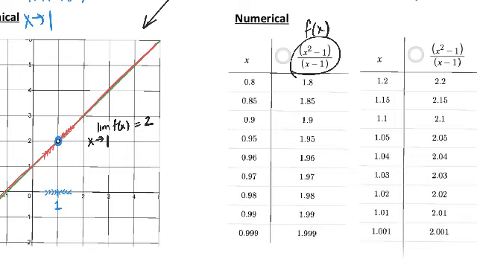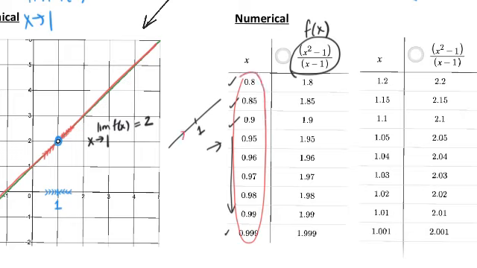So here I have 0.8, 0.85, 0.9, and so on, all the way to 0.99, right? So that means on the left side in this column here, here's 1, right? And I'm approaching 1 in these numbers from the left of 1. So really, we could even say this is approaching from the left side.